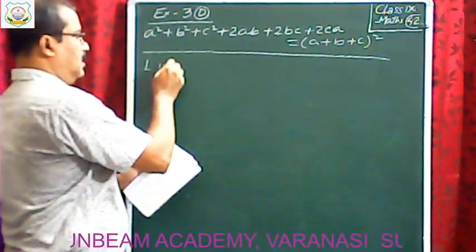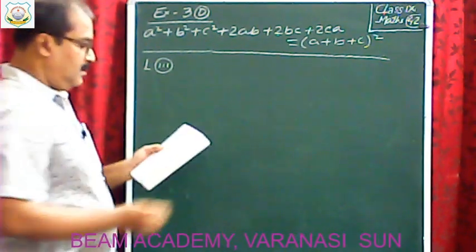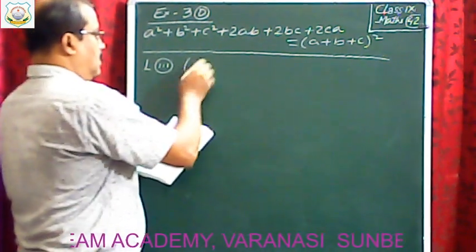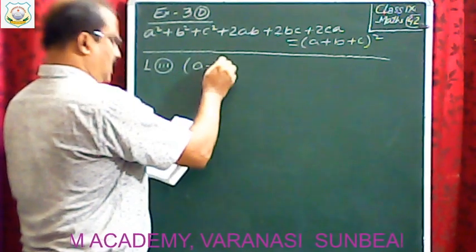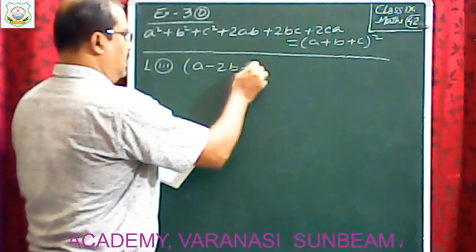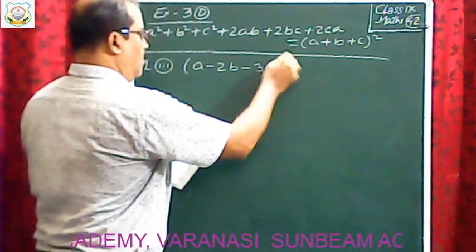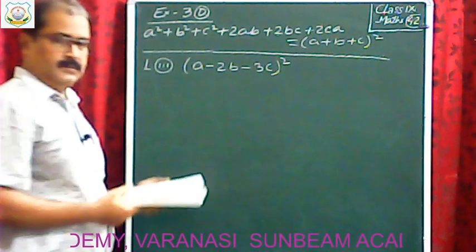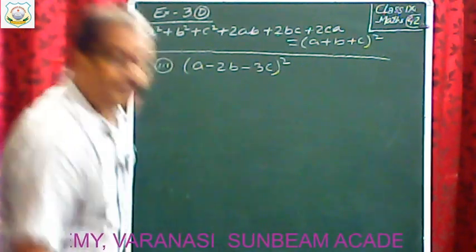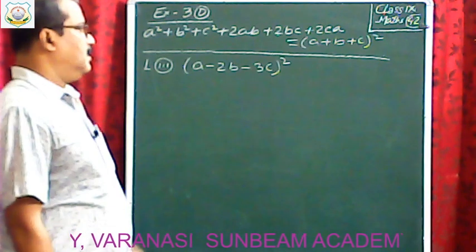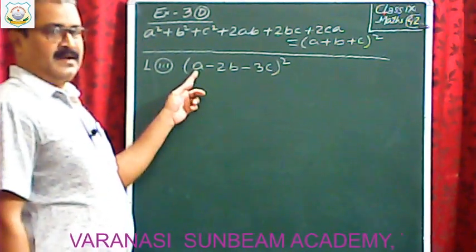Number 1, third. Expand a minus 2b minus 3c whole square. Okay, the square of a trinomial. Clear? You have to expand.